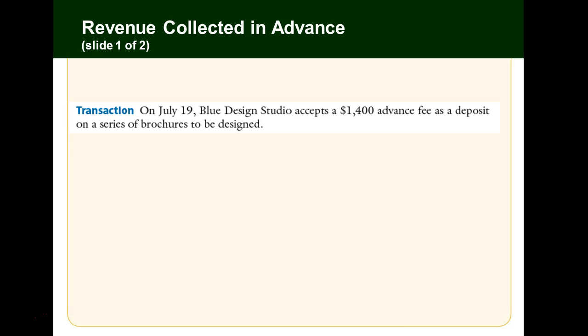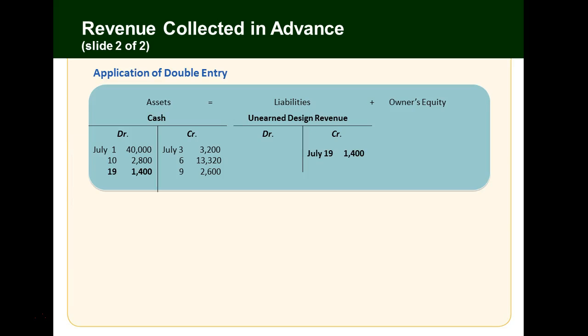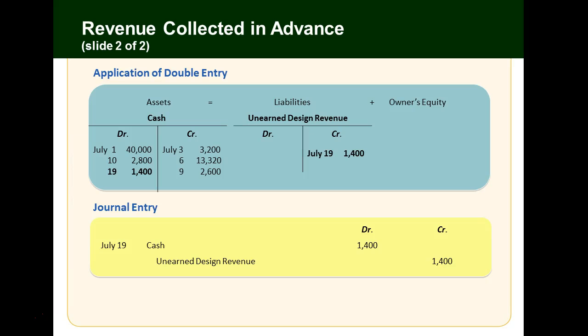Cash for $1,400. What else is going to happen? What will be credited? Unearned revenue of $1,400. That liability will also be increased. Unearned design revenue is a liability account. Liabilities have a normal credit balance. Is that right?